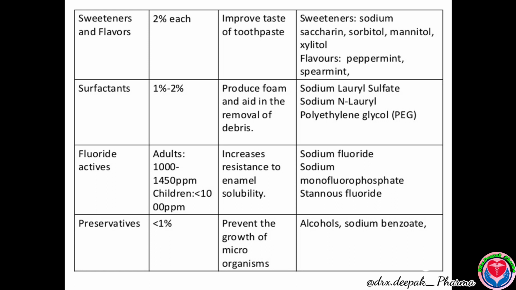For adults, 1000 to 1450 ppm is considered, and for children, less than 100 ppm is considered for fluoride concentration. Preservative, less than 1%, you have to add for the prevention of growth of microorganisms.